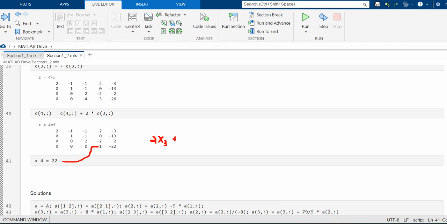If I put the 22 in times the negative 2, I actually have a minus 44, equal to 2. Okay, so what does that mean x sub 3 is equal to? Well, I can divide by 2, so I have x sub 3 minus 22 equals 1. So when I add the 22 to both sides, I get x sub 3 is equal to 23.